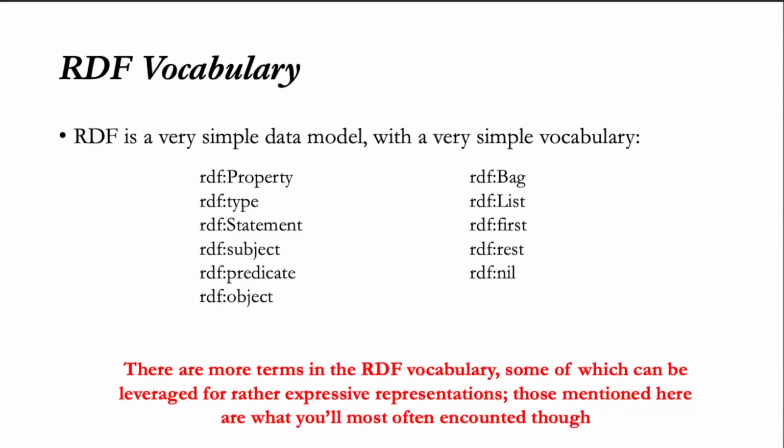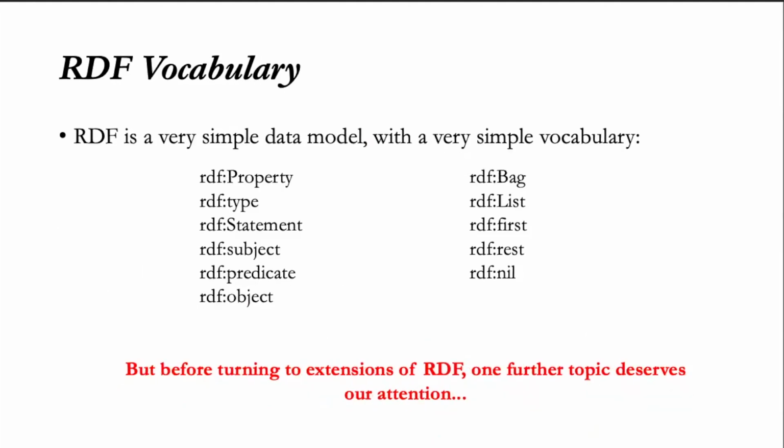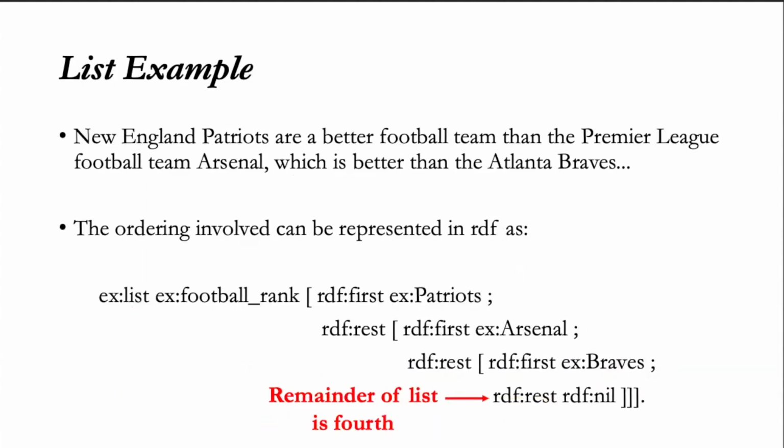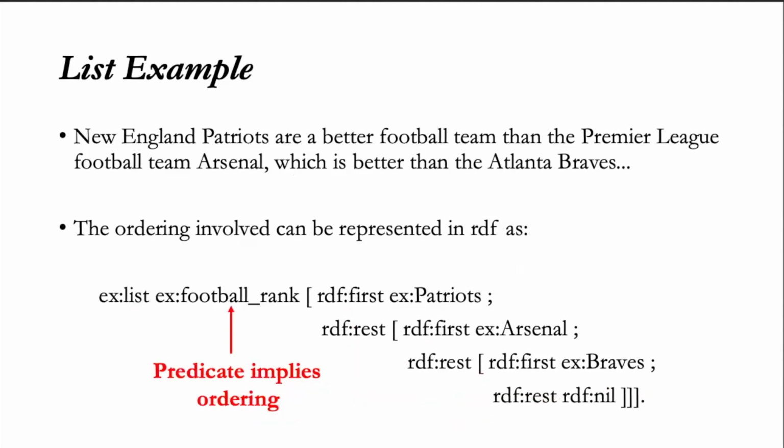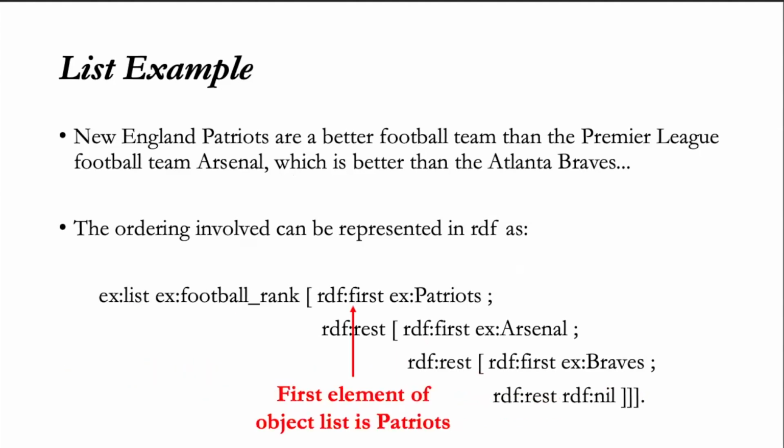So obviously there's no RDF second, but how do you denote that something is second in the list? What would that look like? You can think of that as nesting lists, right?